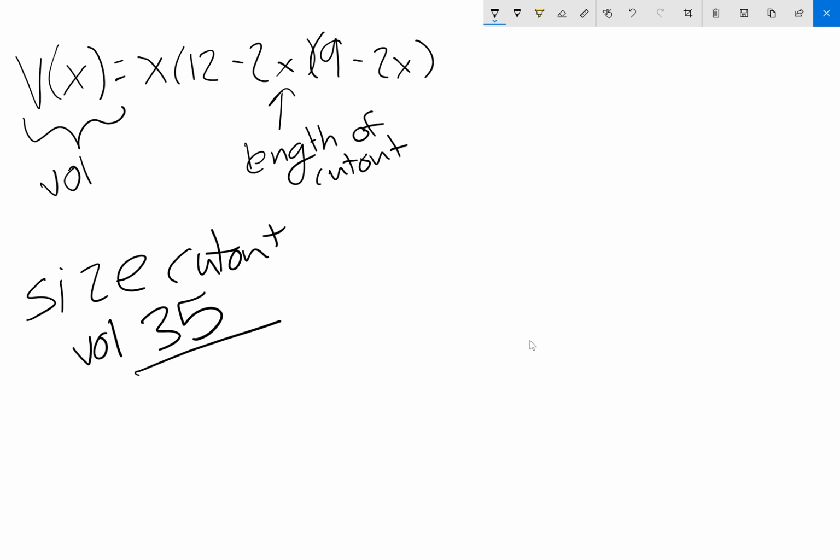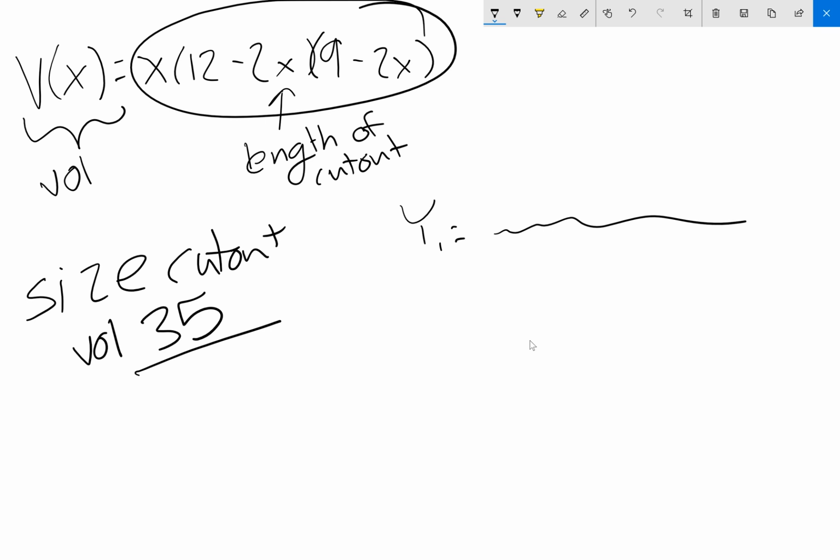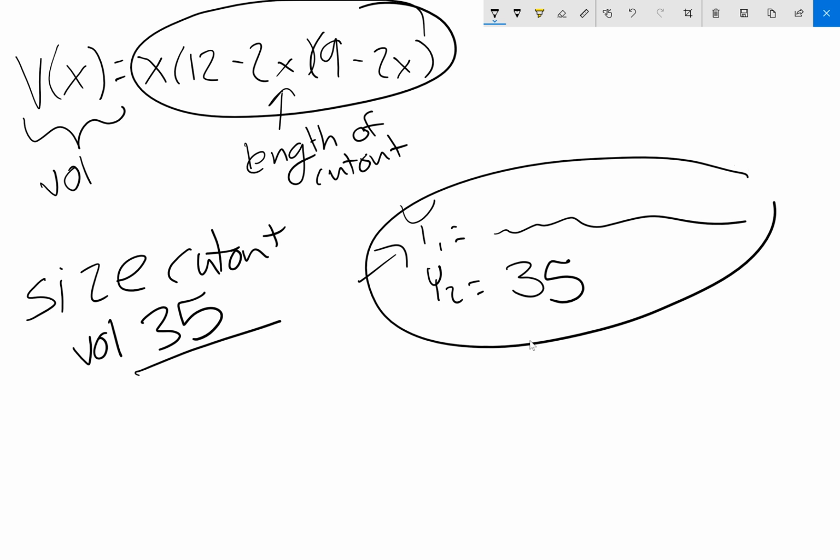So we know the output, right? On your calculator, I know you did y1 equals this. We want to know when the output is equal to 35, so we plug that in and graph it, and it looks something like this.